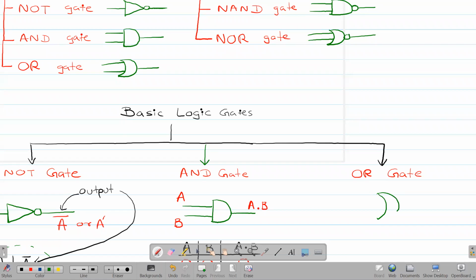I told you it's kind of a crescent. And it has two inputs and an output. And these also take two inputs, which we can indicate as A and B. The OR gate is doing a Boolean addition, which we can indicate as A plus B.